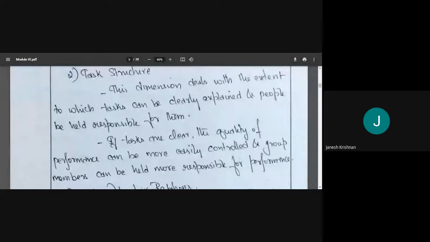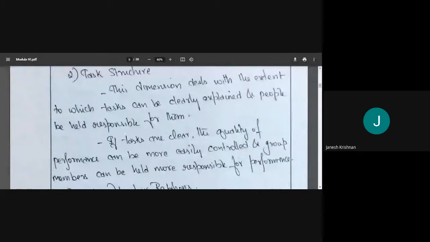So the more and more I make my tasks and instructions clear to them, the easier it becomes for me to judge, right? If I say you need to prepare 100 black pens in 1 hour, then there's no issue. All the workers have to prepare 100 black pens in 1 hour.